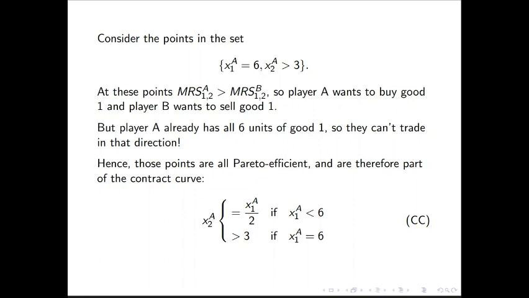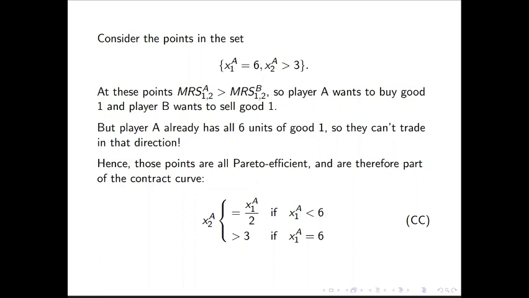So he wants to buy good 1 and player B wants to sell good 1. So this would make it possible for them to trade. But player A already has all the units of good 1 in this case. So it's impossible for them to trade. There's nothing more that player A can buy. He already has everything of good 1.